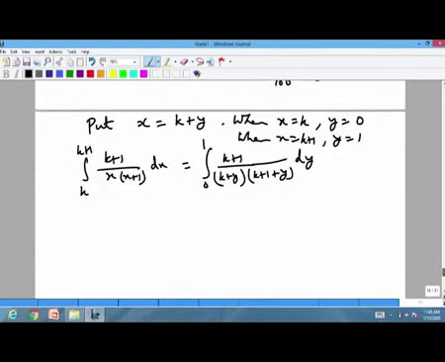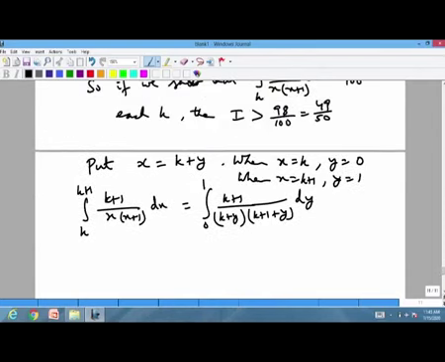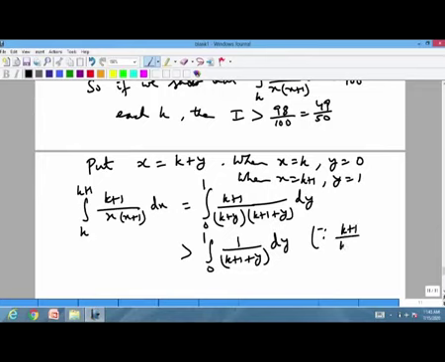Now, because y is varying between 0 and 1, and k plus 1 is bigger than k plus y, this is bigger than integral from 0 to 1 of 1 by k plus 1 plus y dy. This is since k plus 1 by k plus y is bigger than 1.